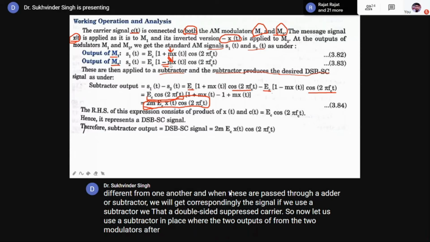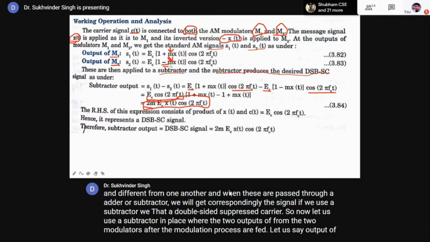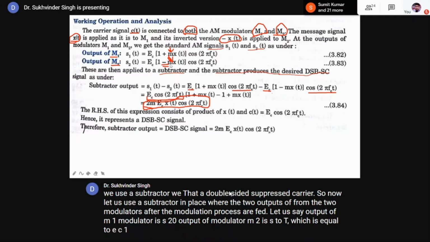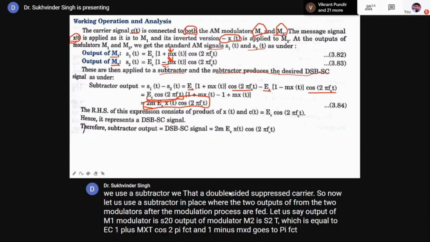These plus and minus signs are because our message signal is x(t), which is fed directly as it is in modulator M1, and it is minus x(t), which is obtained by the phase inverter and is fed into modulator 2. So that's why here it is minus m x(t).